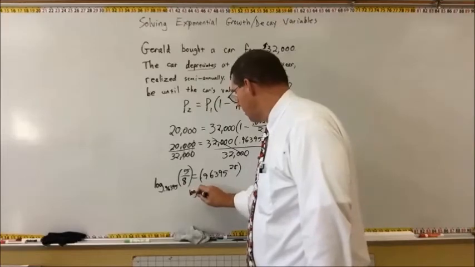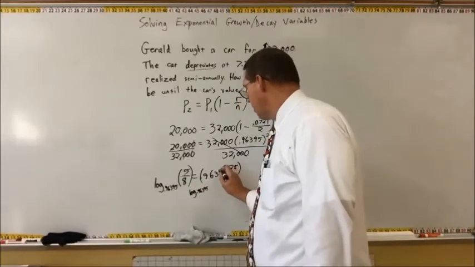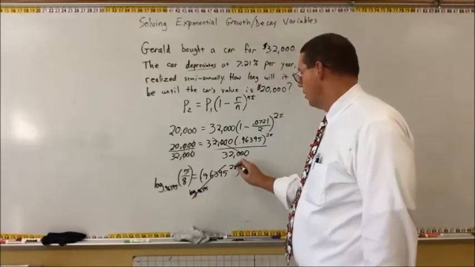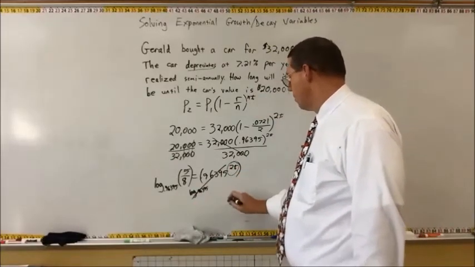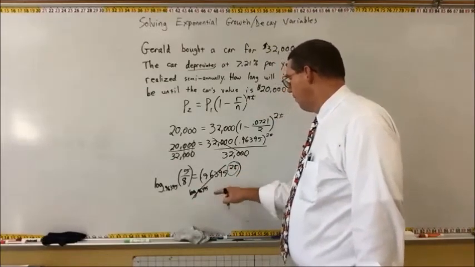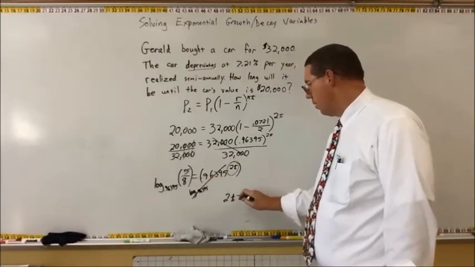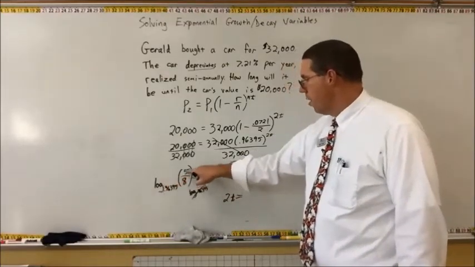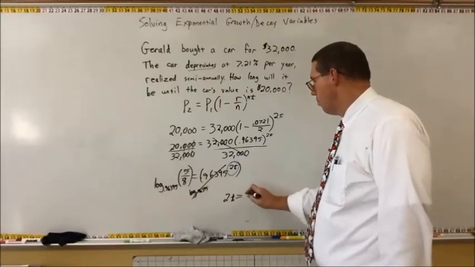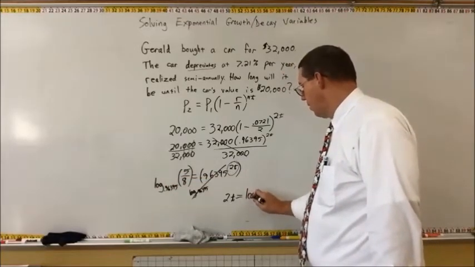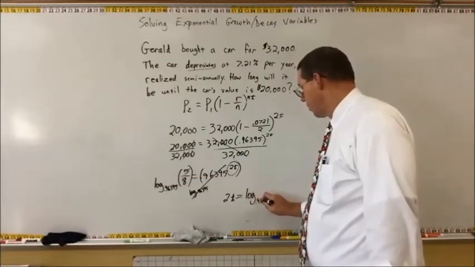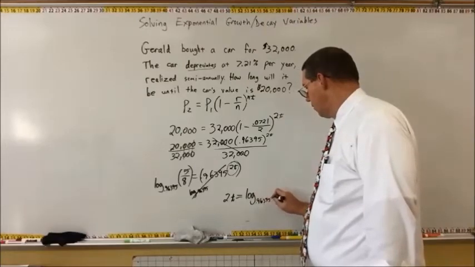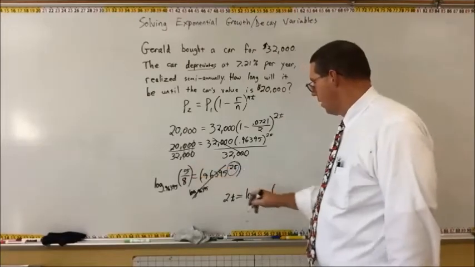Now it's going to cancel the exponential base, and it's going to leave us with 2t. I'm going to bring down the 2t, flip this around, and put this equals the logarithm, log base 0.96395 of 5 over 8.